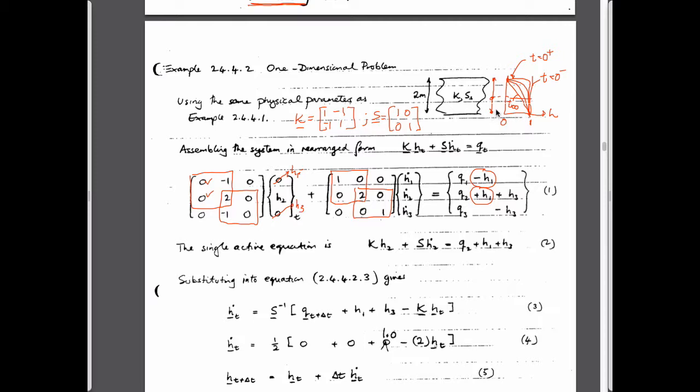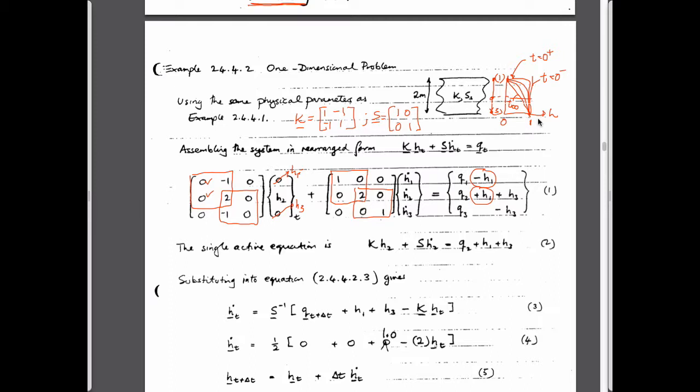I think this is node 3 here, and this is node 1 here, as I recall. I've taken these terms out, and we end up with these. This is -1, and this is +1, hence the plus h and the minus h3 there. Those are the components we have, and that's basically our matrix equation.